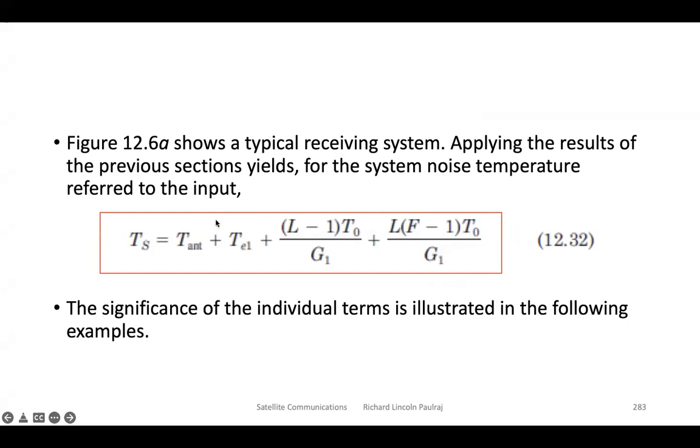So the whole thing comprises the antenna temperature, the equivalent temperature considering the losses, the gain, the ideal temperature T naught, and the noise factor F. The significance of these individual terms we will be seeing in the example.